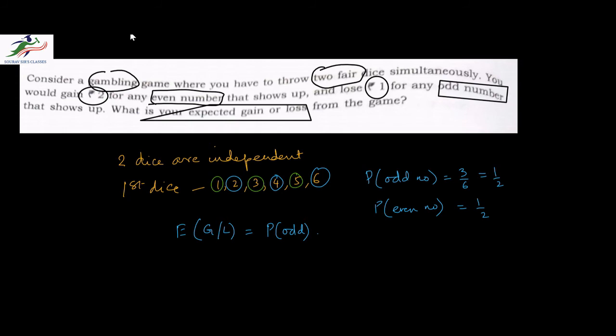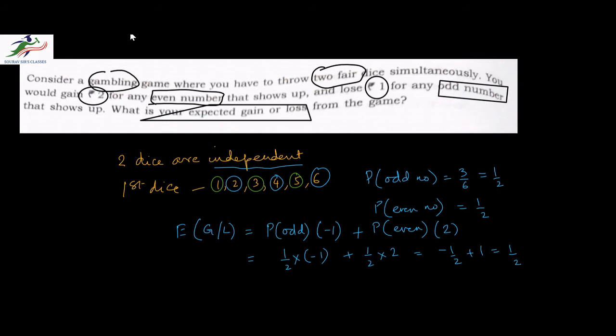the value gained for odd, which is -1, plus probability of even into the value gained for even, which is 2. So the overall expectation is half into -1 plus half into 2, or minus half plus 1, which is equal to half.